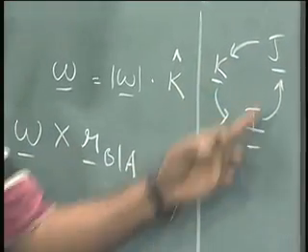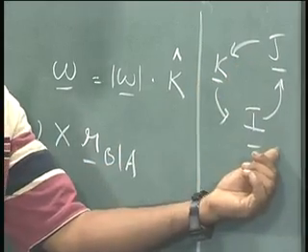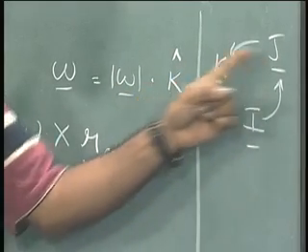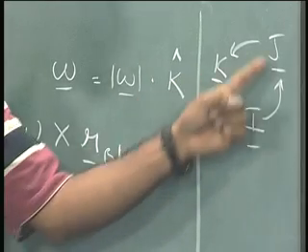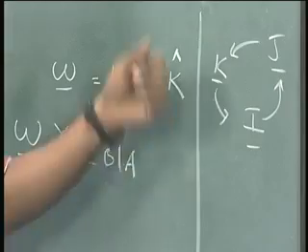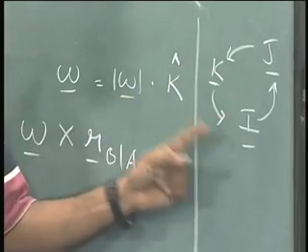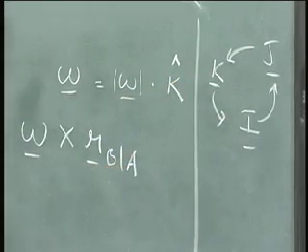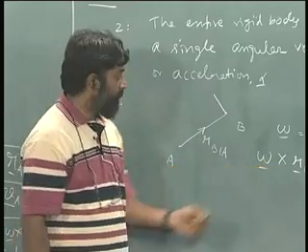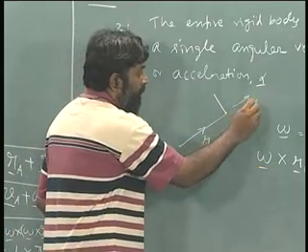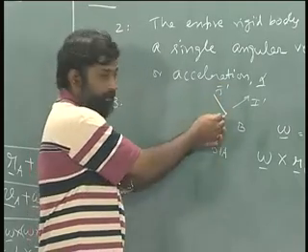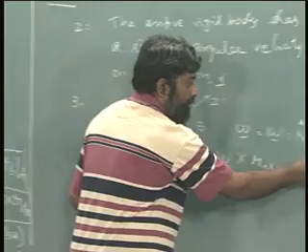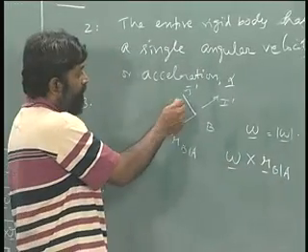When I cross I with j, I should get positive k, j cross k is positive I, k cross I is positive j. But if I go the other way, for example, j cross I is minus k. So, in this particular case, if this is I prime, this is j prime, and k cross I has to be positive j. So, it will be in this direction.